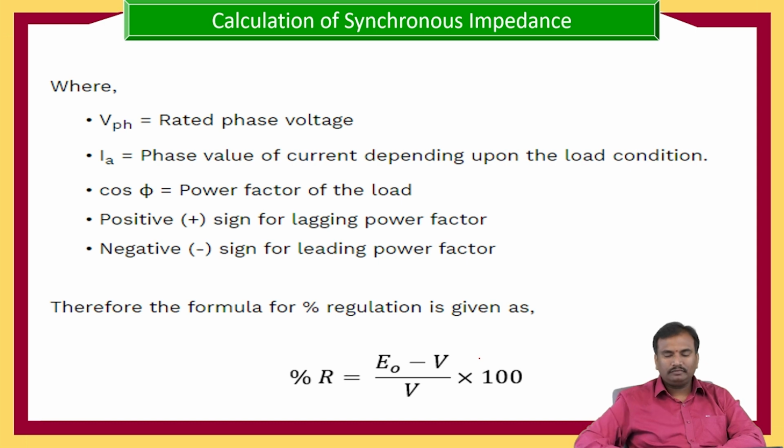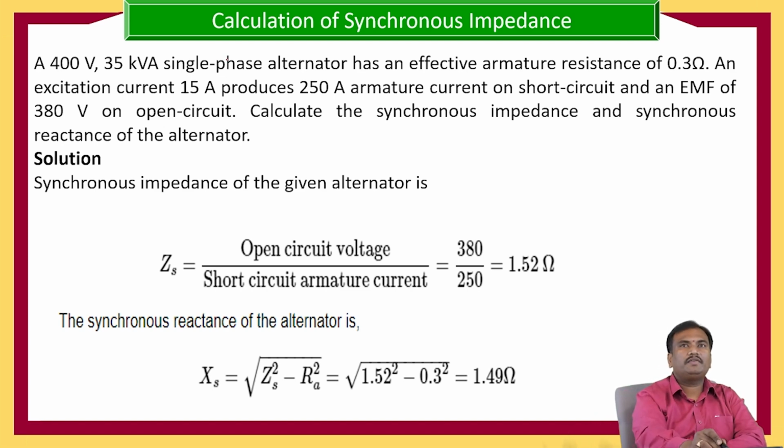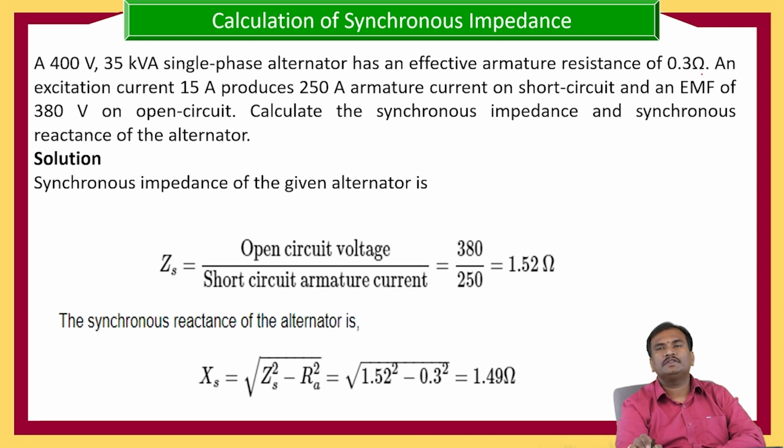Now let us take an example. A 400 volts, 35 kVA single phase alternator has an effective armature resistance of 0.3 ohms, and an excitation current of 15 amperes, which produces 250 amperes armature current on short circuit, and an EMF of 380 volts on open circuit.